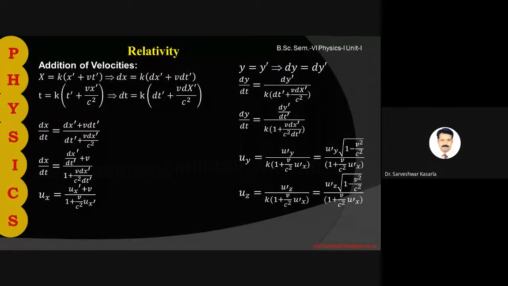So finally you will get uy in terms of uy dash and uz in terms of uz dash. So it is not simply uy equal to uy dash. Even though there is no motion in the y and z directions, the velocity components may vary due to the relative motion of the frame of reference. That is the important result. So these are the velocity compounding, or addition of velocities. Let us stop here.